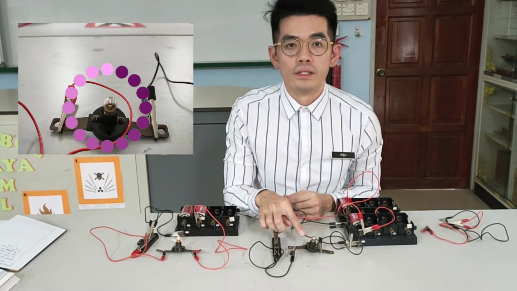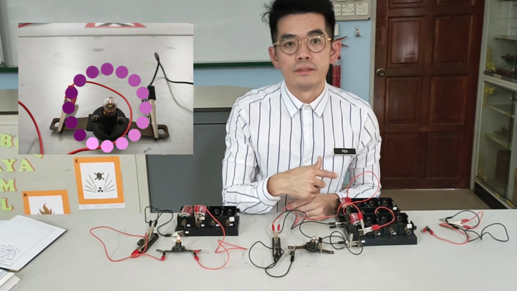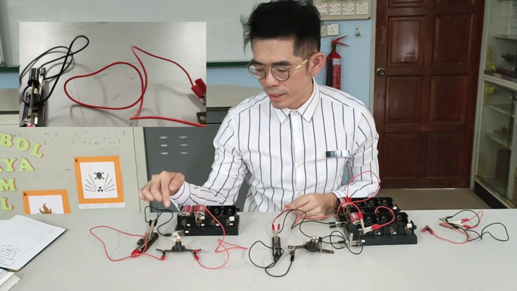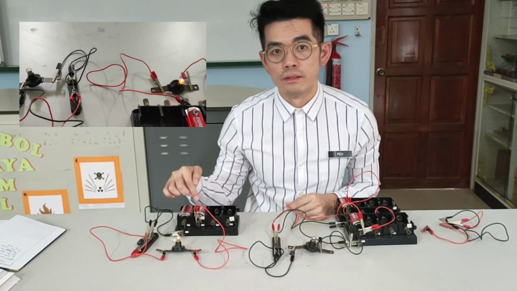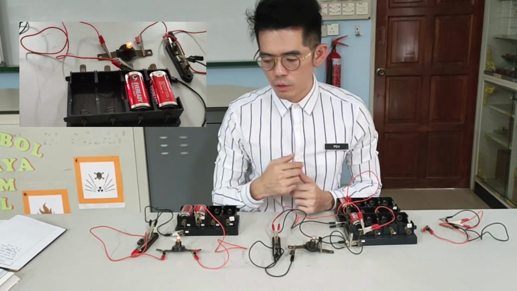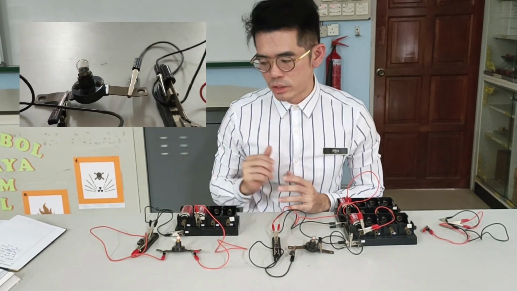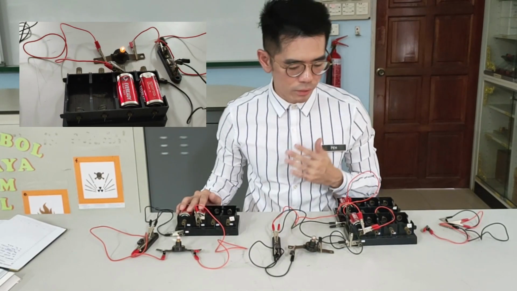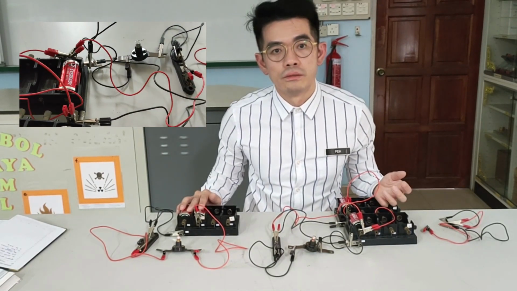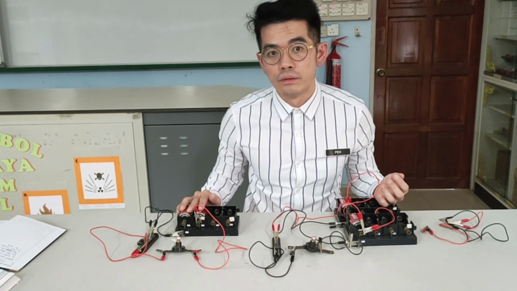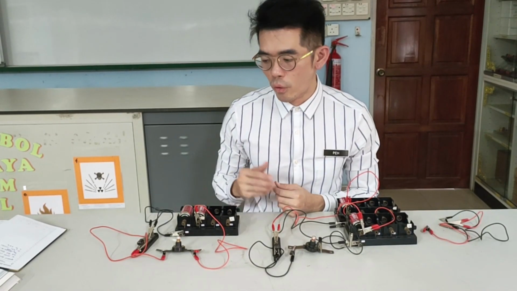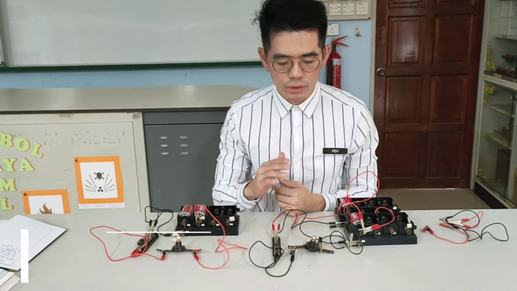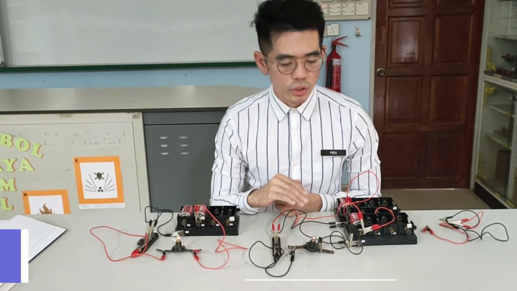The bulb for the parallel circuit is actually dimmer compared to the bulb when the dry cells are connected in series. So it is very clear that the connection of batteries in series is better compared to dry cells connected in parallel. This is because the current flowing in the dry cells connected in series is greater compared to the dry cells connected in parallel.